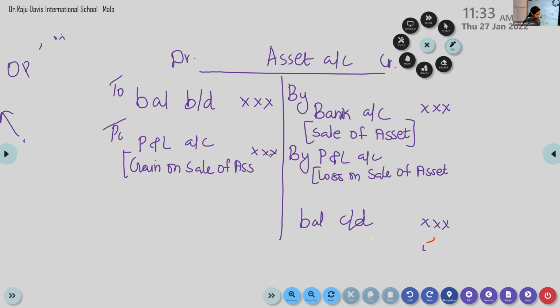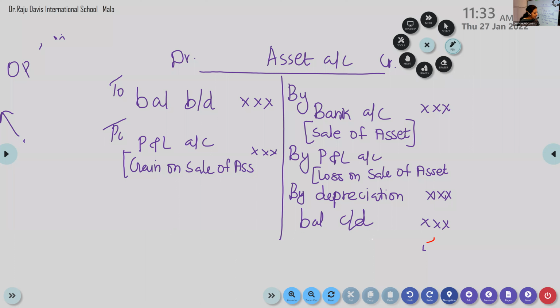So depreciation, we have to show on the credit side, by depreciation.